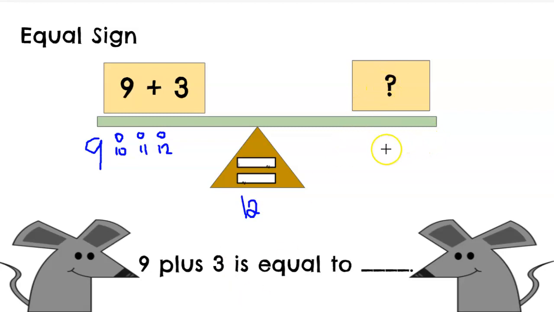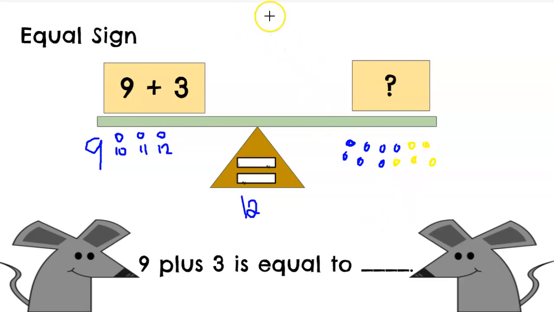So let's go ahead and draw out 12. 1, 2, 3, 4, 5, 6, 7. And let's pick another color to try to compose 12. So I have 7, 8, 9, 10, 11, 12.